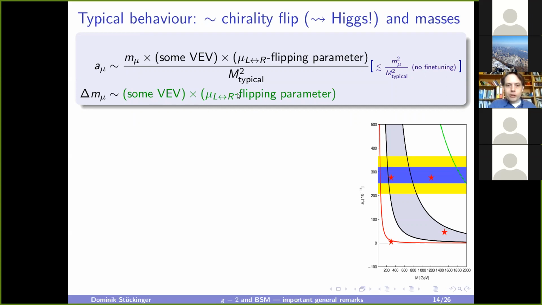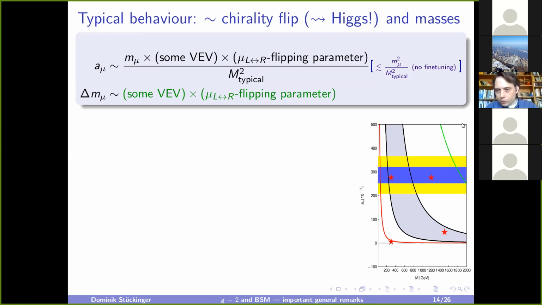Then, plugging this into the top formula, these green factors become the muon mass itself, and then g-2 is just given by this small formula on the right, muon mass squared divided by the BSM mass squared, without any additional prefactor. That would be the largest conceivable contribution to g-2 if you require that the new physics corrections to the muon mass are not bigger than the muon mass itself. So you get an upper limit to the possible contributions to g-2.